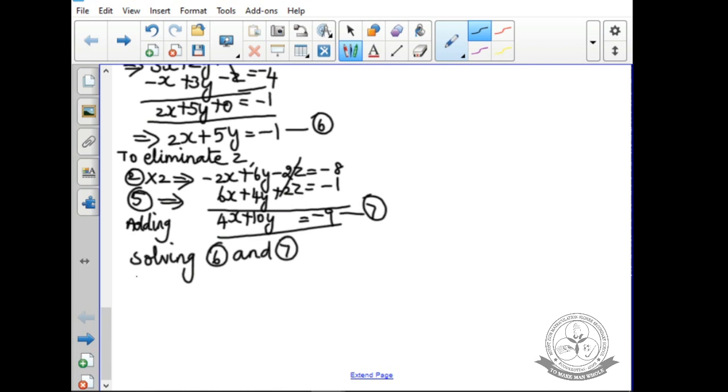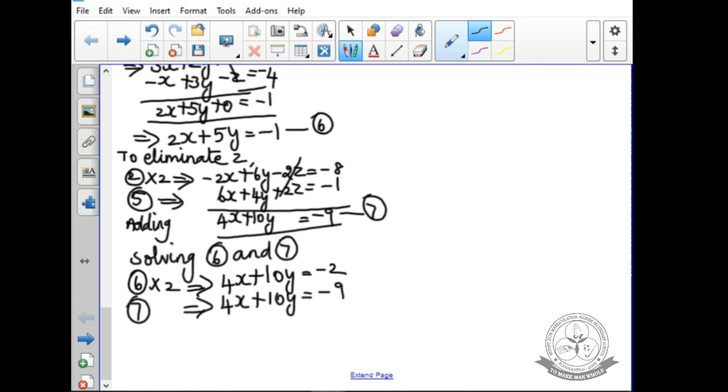So multiply the 6th equation by 2. The answer will be 4x plus 10y equal to minus 2. The 7th equation, no need to multiply anything, keep as it is. So take the 7th equation as 4x plus 10y equal to minus 9.